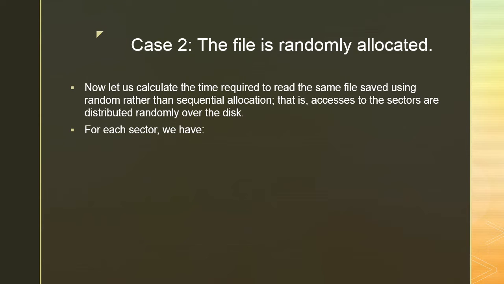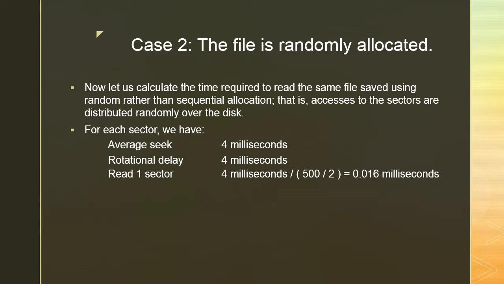For each sector, we have average seek equal to 4 milliseconds, rotational delay equal to 4 milliseconds, and we read one sector in 0.016 milliseconds. We read 250 sectors, that is half the disk track, in 4 milliseconds. So one sector will be read in 4 divided by 250 milliseconds.